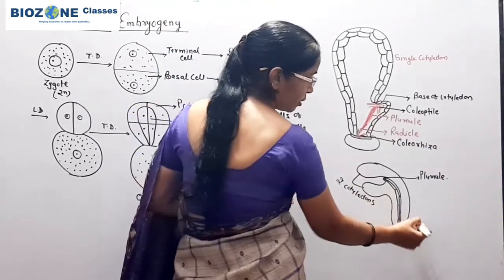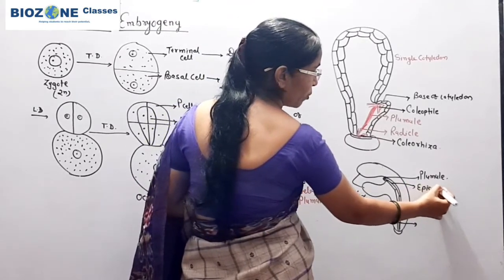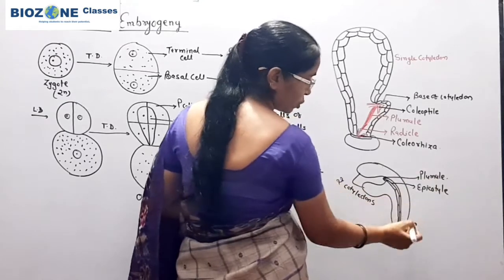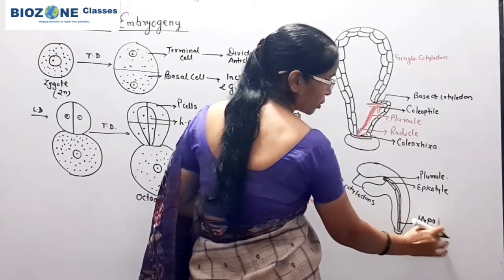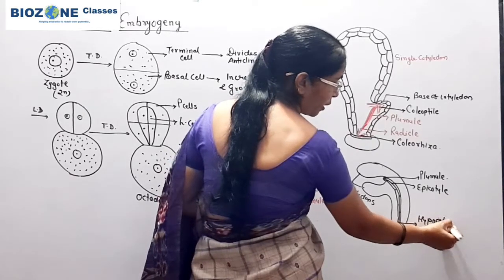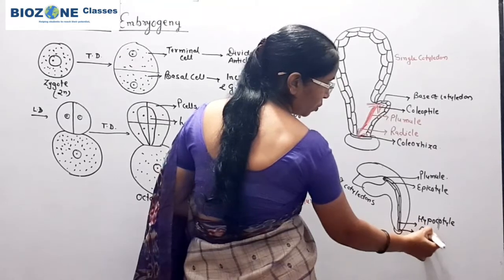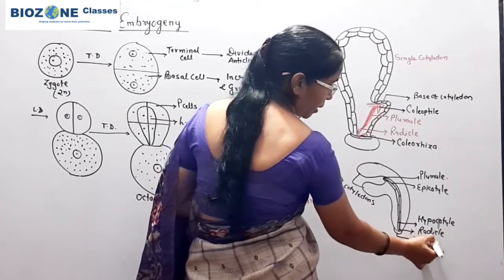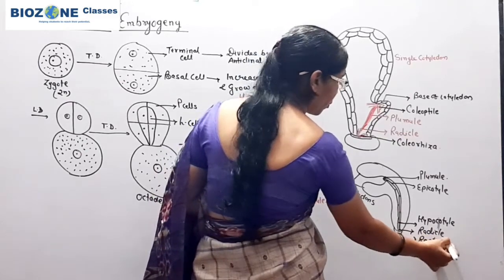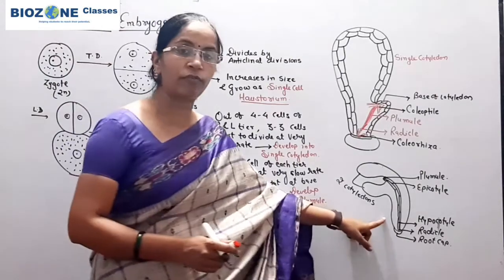In the embryonal axis, this part is called the epicotyl. The epicotyl gives rise to the plumule. The lower half of the embryonal axis is called the hypocotyl, which gives rise to the radicle, and the radicle is protected by the root cap. But the coleorhiza and coleoptile are completely absent in dicots.